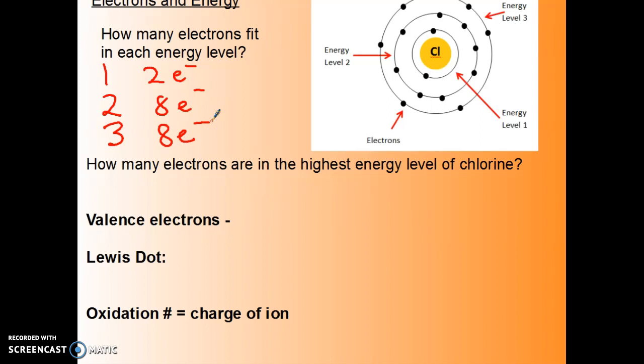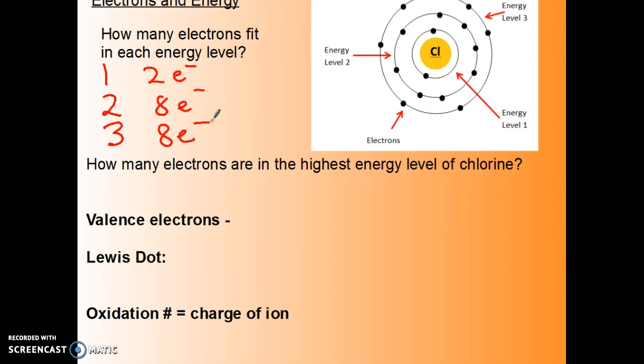You might have learned at one point that 18 electrons fill up the third energy level. We're going to get to that next week, but you can think of it as being full at 8 electrons.